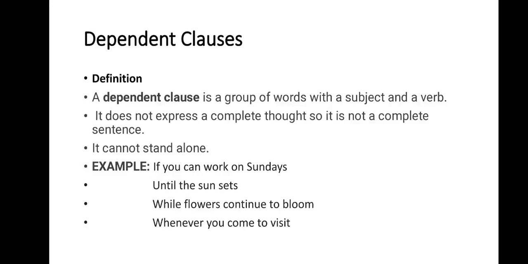It has both the subject and the verb. Still, it remains incomplete. It does not express a complete thought, so it is not a complete sentence. Though it has a subject and verb in it, it cannot be a complete sentence. They are incomplete sentences. It cannot stand alone.